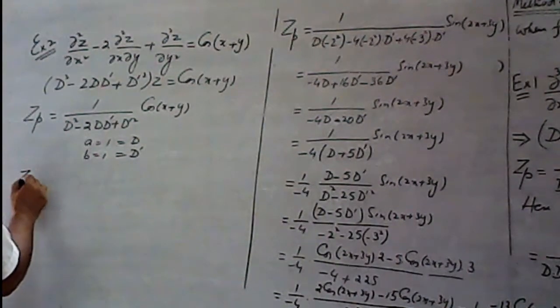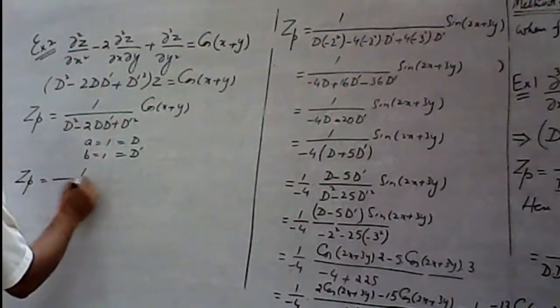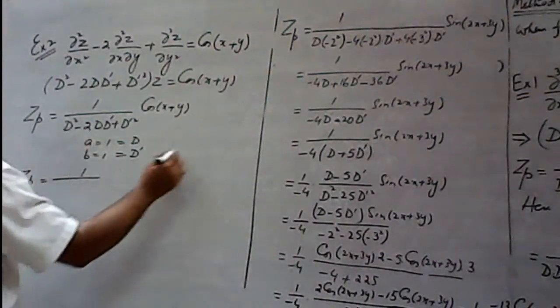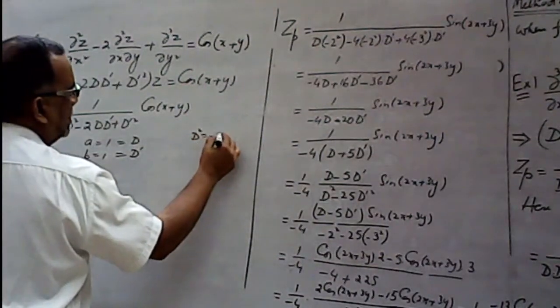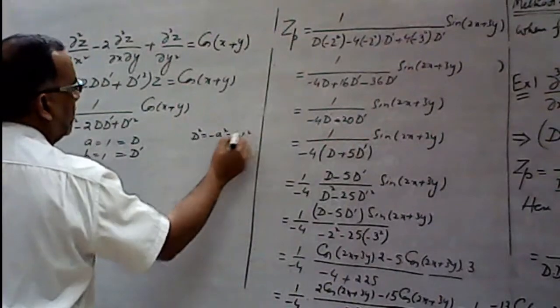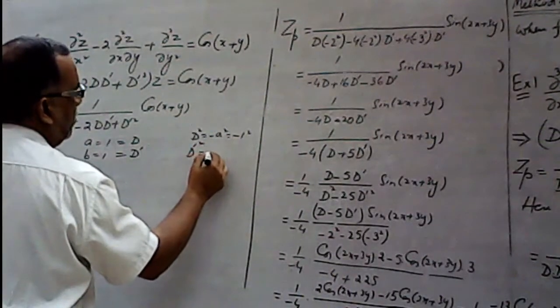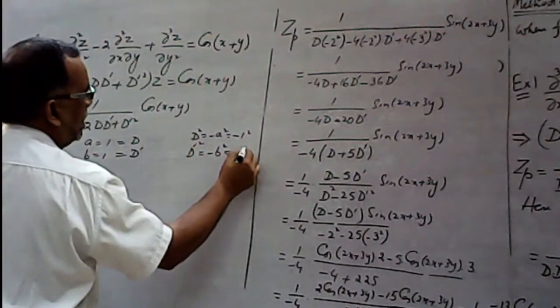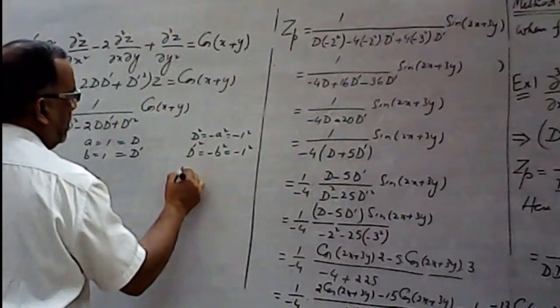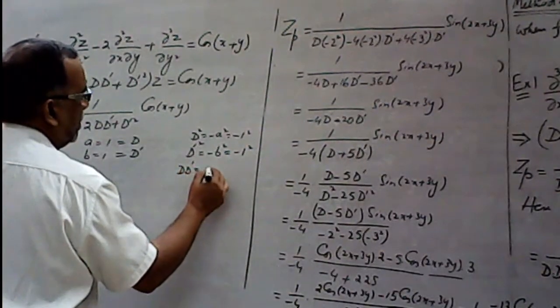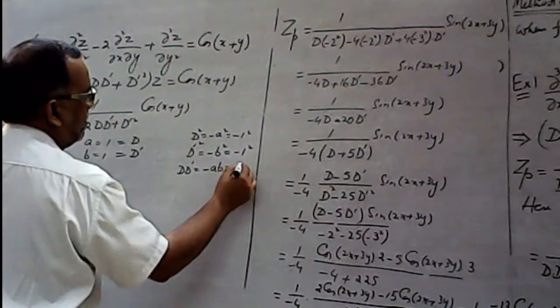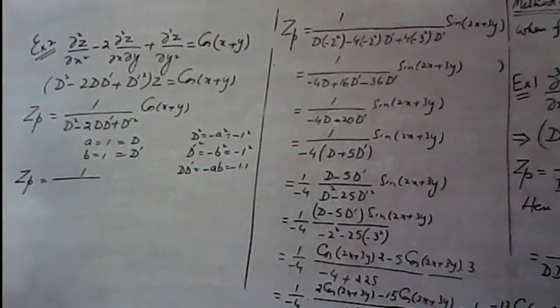So now we are substituting: D square will be replaced by minus a square, means minus 1 square. D dash square will be replaced by minus b square, means minus 1 square, and D into D dash will be replaced by minus ab, means minus 1 into 1.